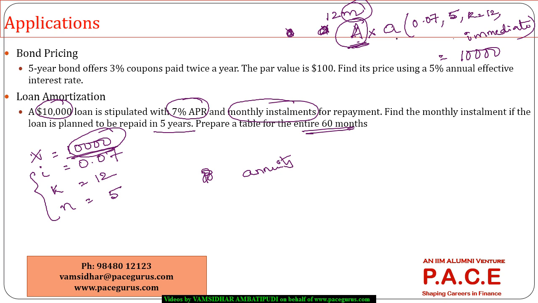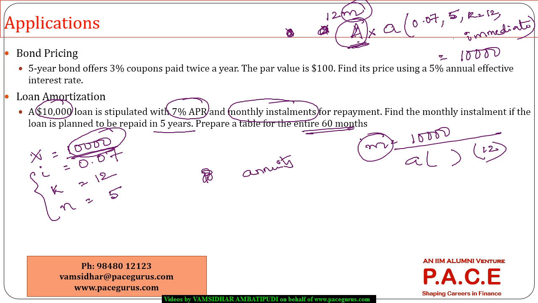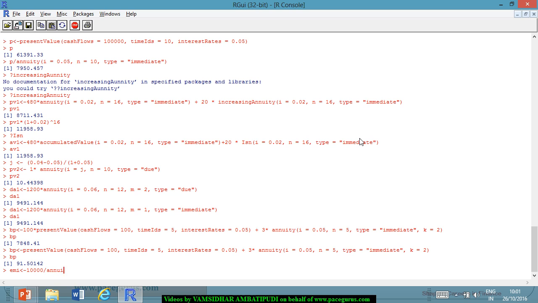So basically now M comes out as 10,000 divided by this annuity factor as well as by 12. This would give me the monthly installment that I have to make. So I can call EMI as 10,000 divided by the annuity factor I need to consider.